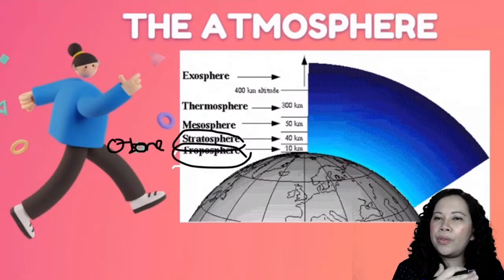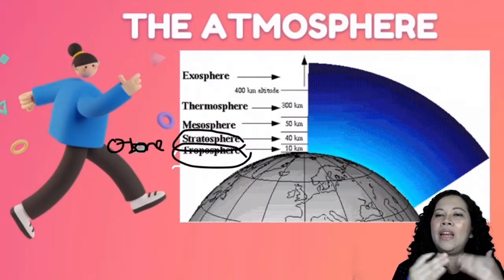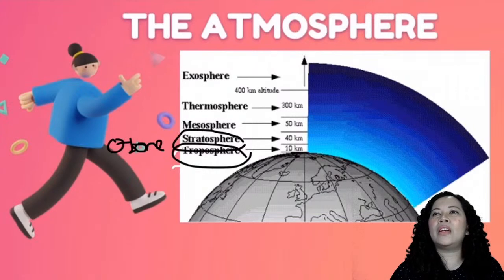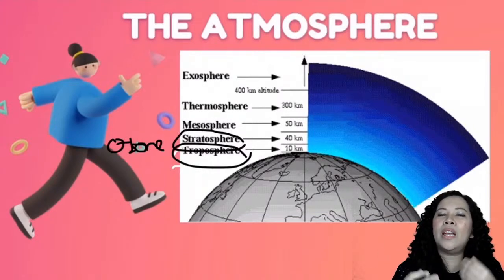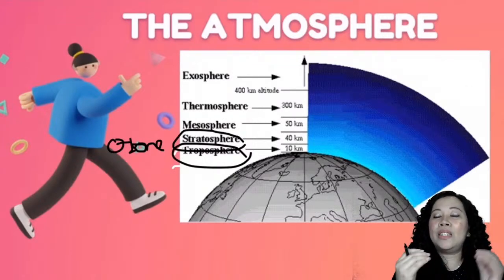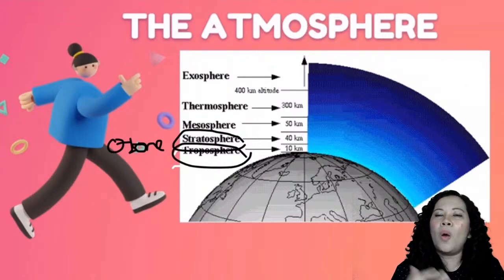O3 is very important, and I know you have been hearing about ozone layer depletion, because ozone absorbs most of the UV radiation from the sun.